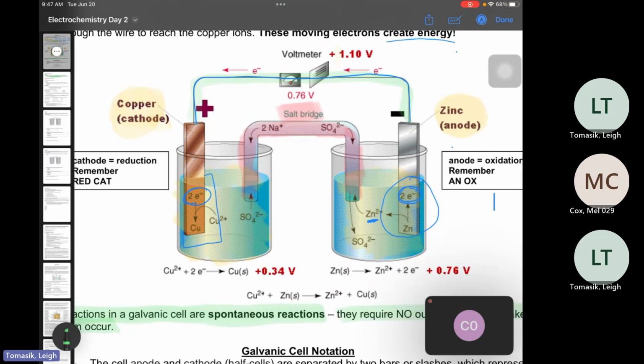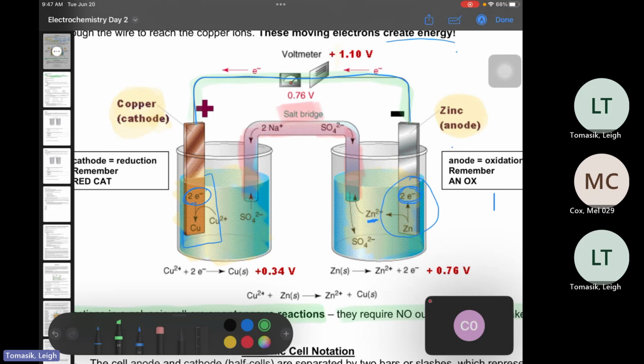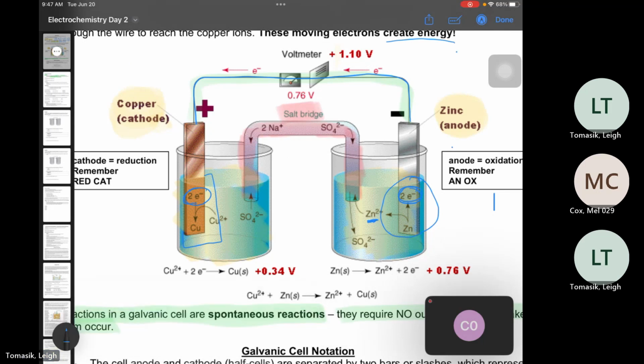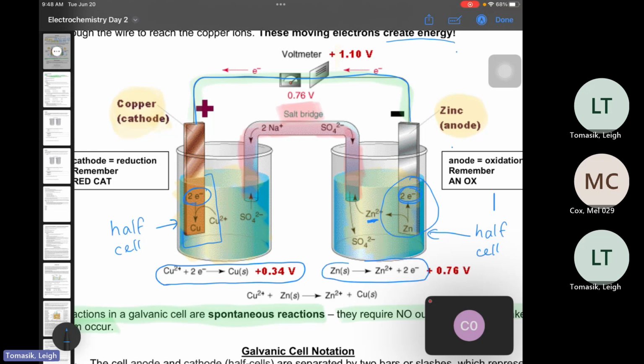Okay, so the two containers are each a half cell. Right? So we have two half cells. And each half cell contains a half reaction. It contains half of the redox reaction.